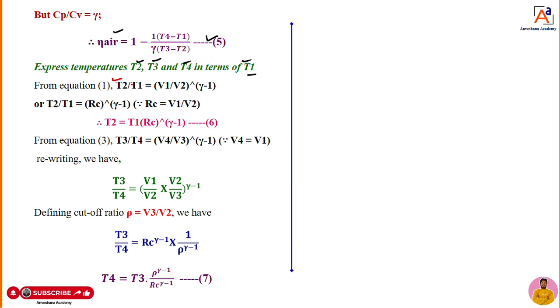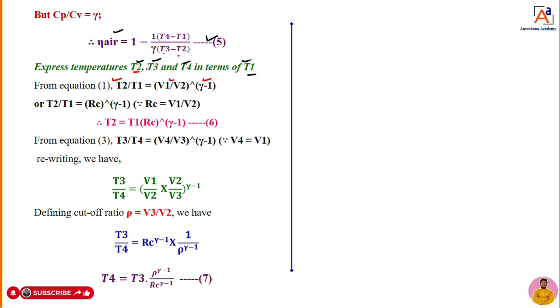For adiabatic compression, the temperature ratio versus volume can be expressed as T2 by T1 is equal to V1 by V2 to the power of gamma minus 1. My intention is to calculate T2, T3 and T4. Once I calculate all these values, I can easily get the efficiency of the diesel cycle.